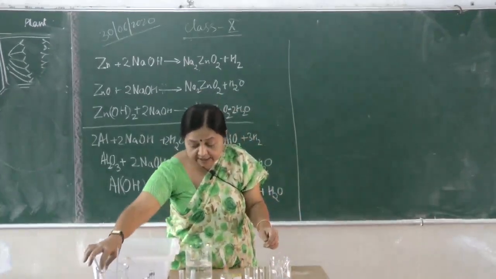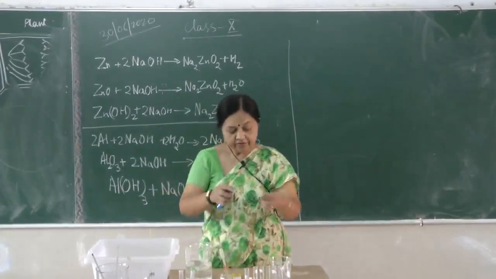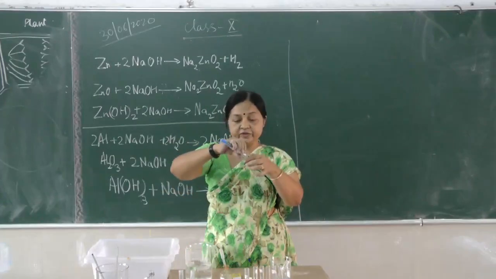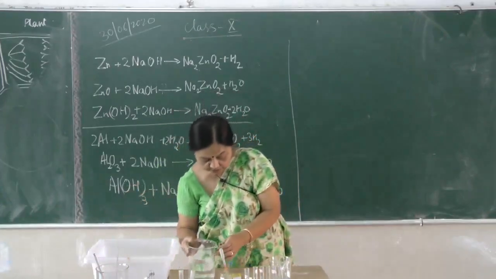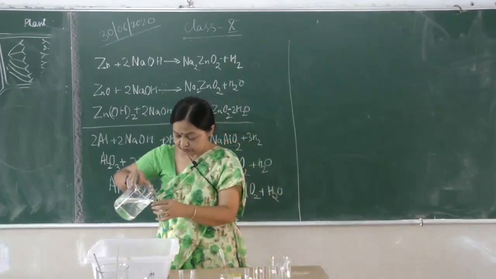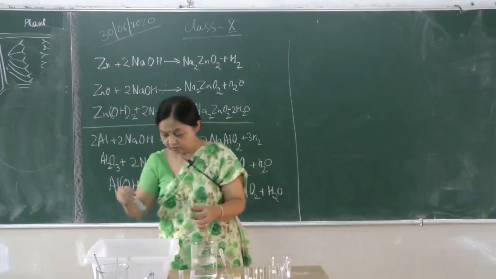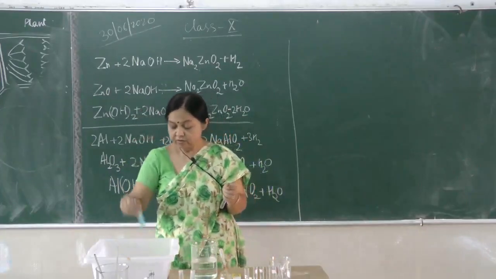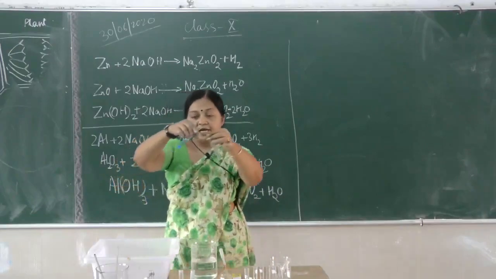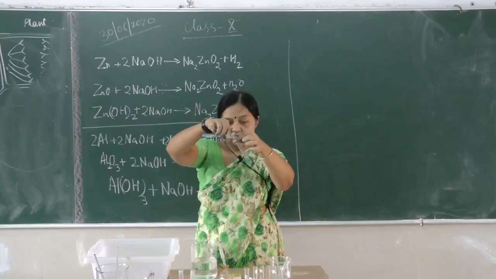Now see, there is another difference, that is with copper. We take copper sulfate solution first, we will make copper sulfate solution. We will decant out the clear liquid so that you are not confused with the insoluble copper sulfate.